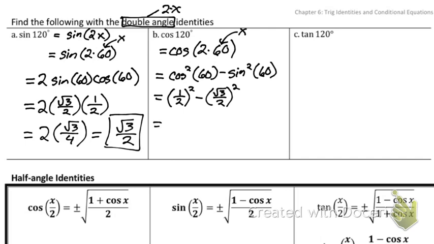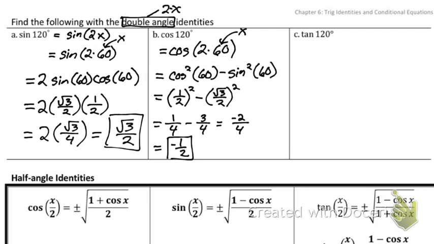Moving down, 1/2 squared is 1 over 4. Minus square root of 3 squared is just 3. Over 2 squared is 4. That's going to equal 1 minus 3 is negative 2 over 4, which equals negative 1/2.